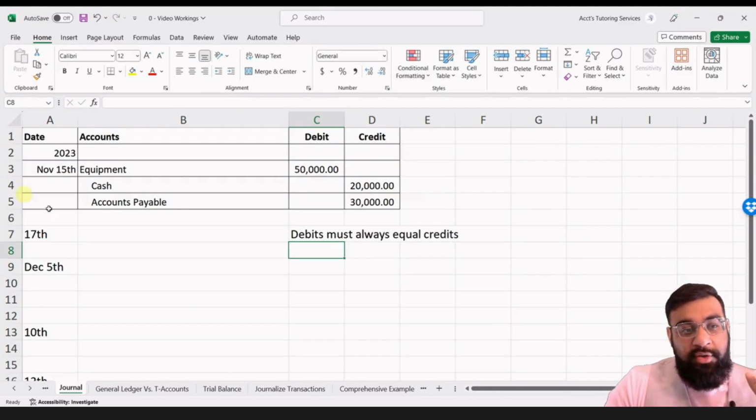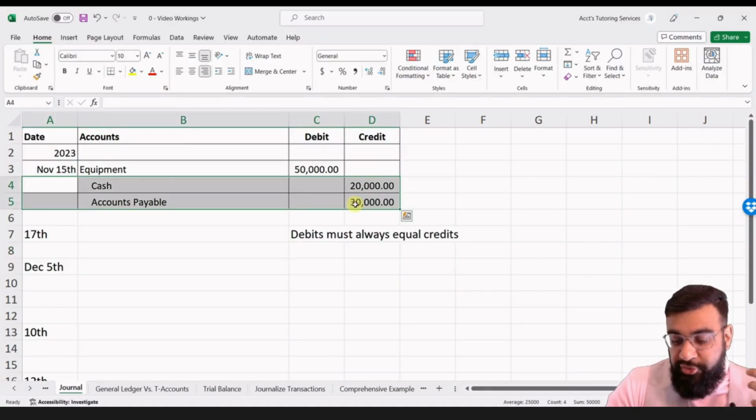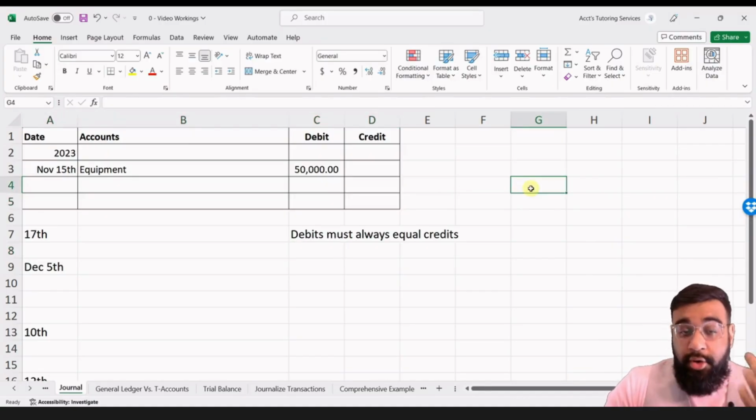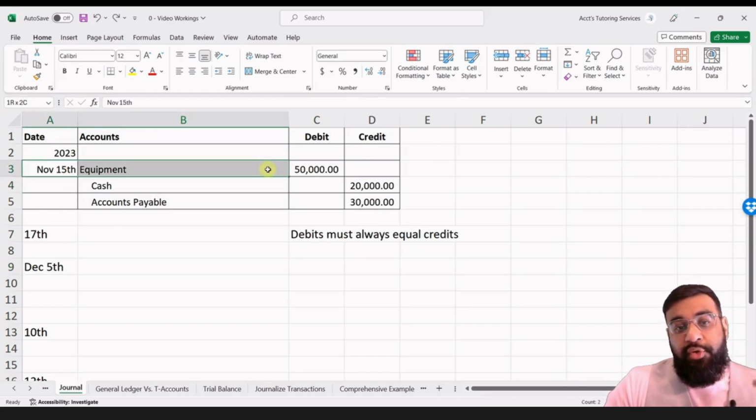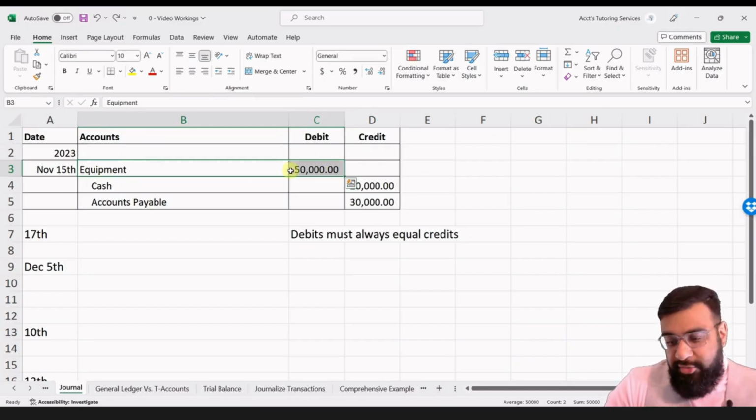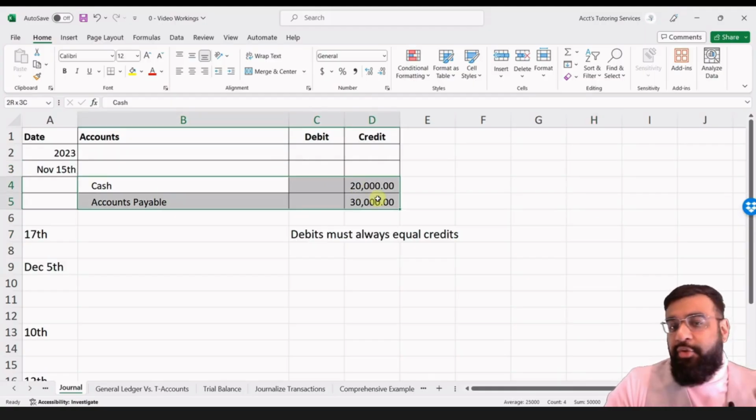So let's say, for instance, that you wrote this journal entry as this over here. You're automatically going to get it incorrect because debits do not equal credits. So we purchased equipment for $50,000, so we're going to debit this for $50,000. And let's just say hypothetically that you know the credit accounts first. Go ahead and write the credit accounts first.